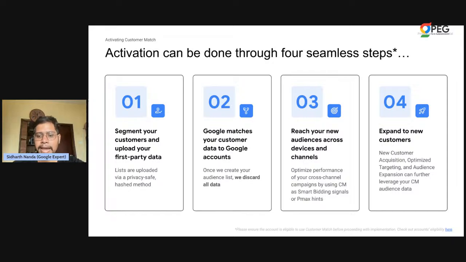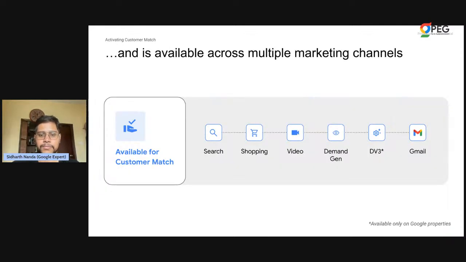Next, Google matches this data against its user data, enabling you to utilize it to reach various audiences across multiple devices and channels. Finally, there's the expansion stage, where it allows you to enhance and expand upon your known audiences into unknown yet similar customers, providing you with more opportunities to engage with potential targets in the market.